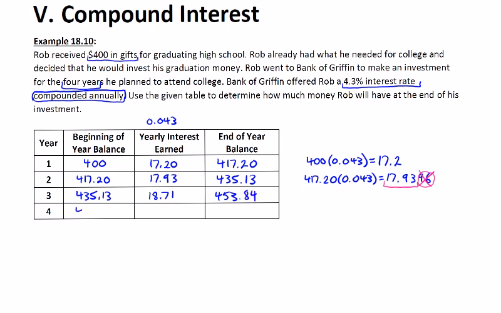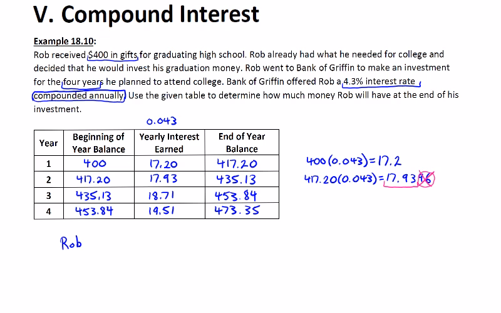Carry that ending balance over to the beginning of the fourth year. Multiply that by your interest rate, and you'll be getting a final interest payment of $19.51. And that ends up adding to your balance for a grand total of $473.35.